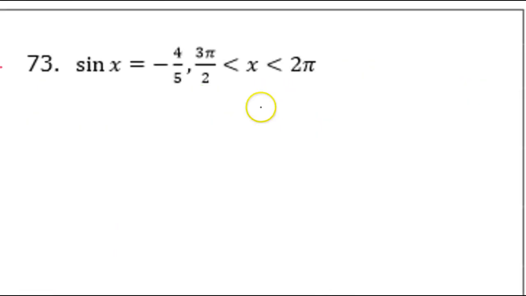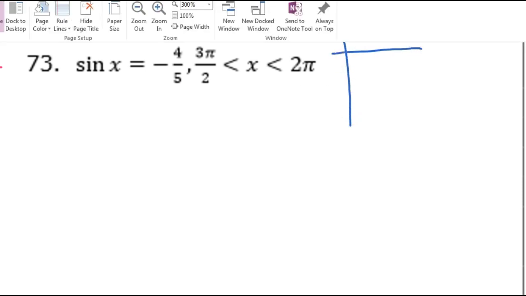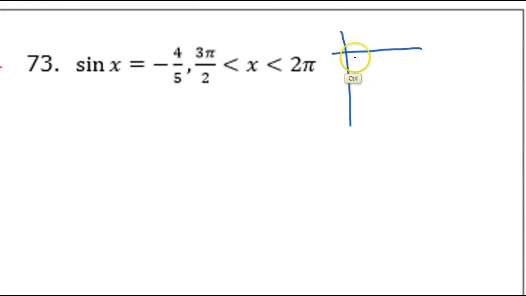All right, let's just do one more of those. The quadrant that is between 3 pi over 2 and 2 pi is the fourth quadrant. So let's just draw ourselves a little sketch into the fourth quadrant to keep our brains focused. Okay.